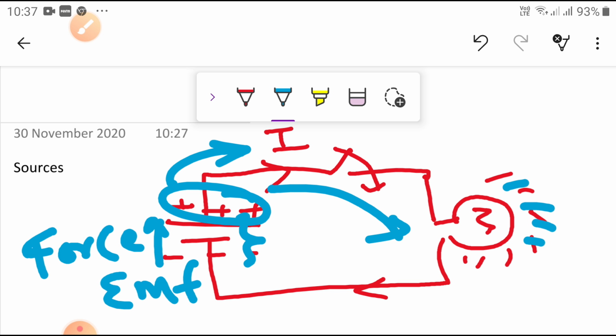The charged particles have to move from source to load. We require some electromotive force, and that electromotive force we can say is a voltage. A device capable of providing this force may be called a voltage source. For example, this battery, or you can say a generator set.